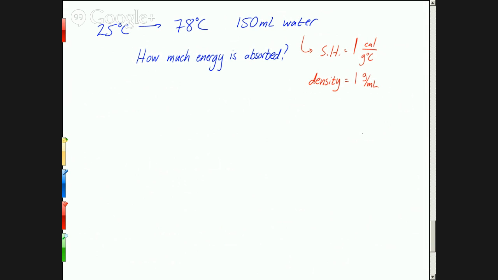So if we know the density of water is 1 gram per milliliter, then we know that 150 milliliters of water weighs 150 grams. This is a little bit overkill, but just to show how it works, 150 milliliters of water, if you really want to do a whole conversion thing, times 1 gram of water per 1 milliliter of water is 150 grams of water.